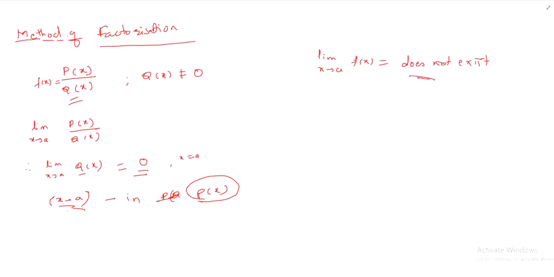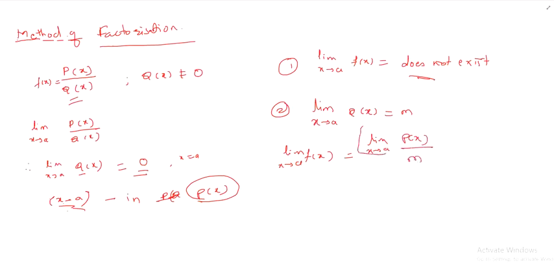Remember this one. This is the one case. In the second case, if the limit of q of x as x tends to a is equal to m, not zero, then our original function after the limit becomes the limit as x tends to a of f x equal to the limit as x tends to a of p of x upon only the limit of the numerator, the denominator being m.